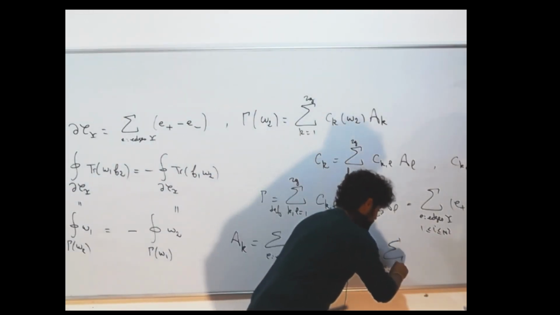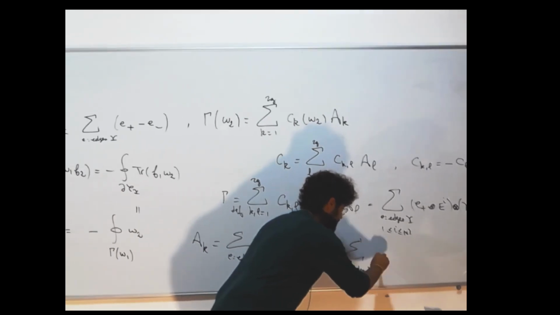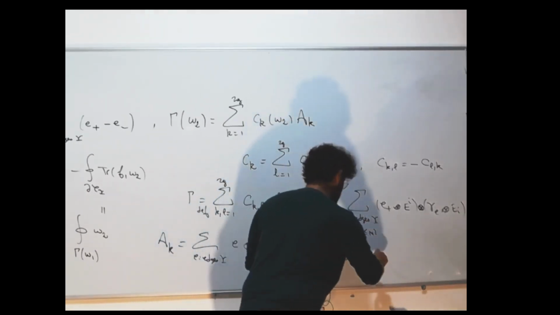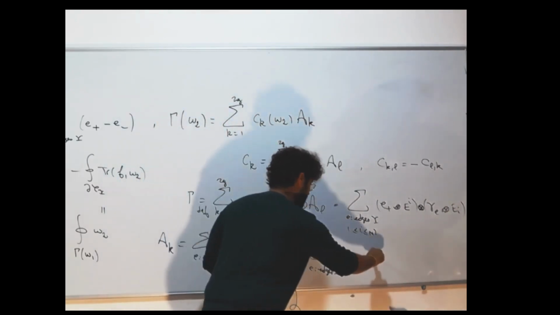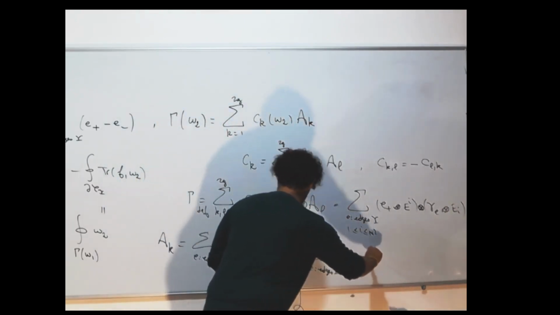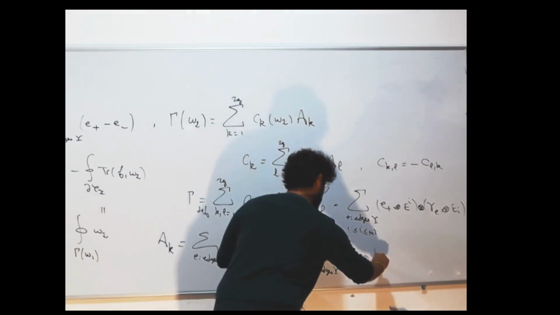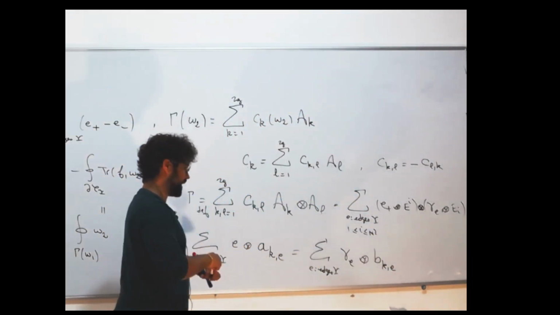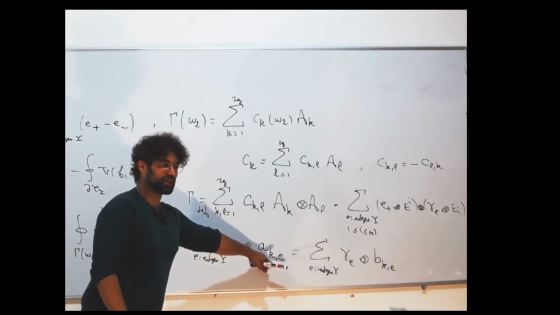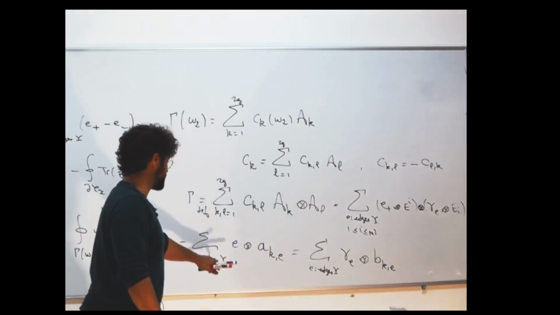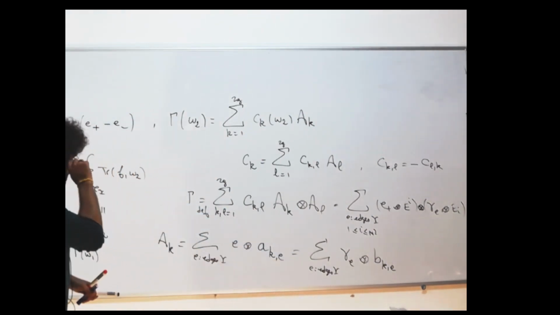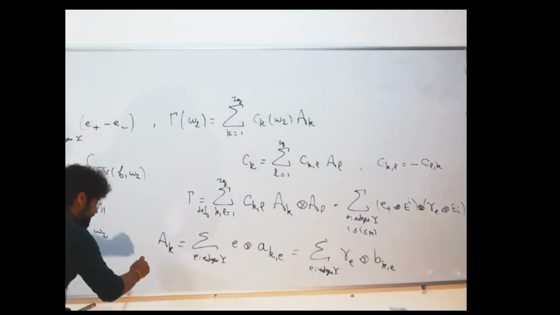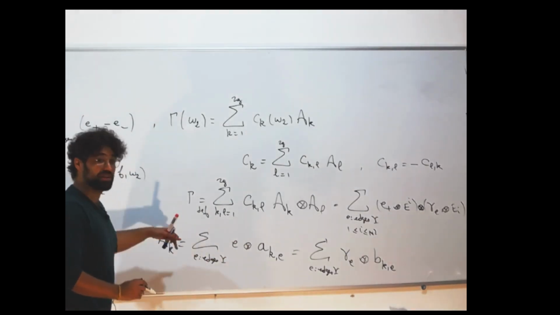So it's still a sum over the edges, except that now you have gamma E tensor some other coefficient that maybe I can write B K E. Okay, so on the right hand side, after the tensor product, these are matrices, right? Chains weighted by matrices. So if you have these two ways of decomposing it, then you can take the intersection of AK with AL.